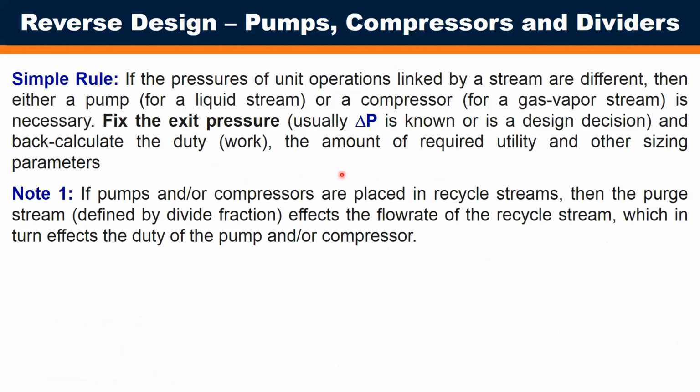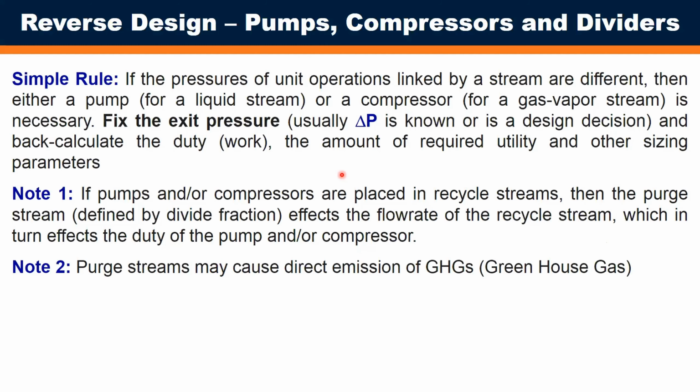So one thing to note here is that if you put pumps or compressors in recycle streams, where you typically will have some kind of purge, whatever the purge rate is will affect the flow rate of the recycle stream, and that affects the duty of the pump and compressor. Purge streams do have the potential of causing direct emission of greenhouse gases, so that is something to be aware of.